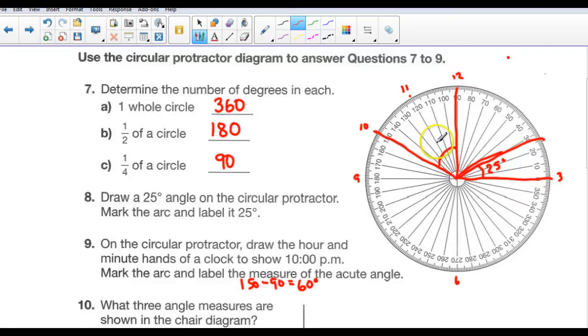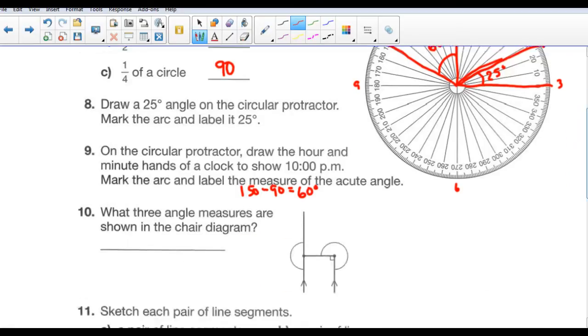So from 10 o'clock to 12 o'clock is 60 degrees, okay? Which means each hour on the clock is going to be 30 degrees. And if we take 30 times 12, we get 360, which gives us the full circle.